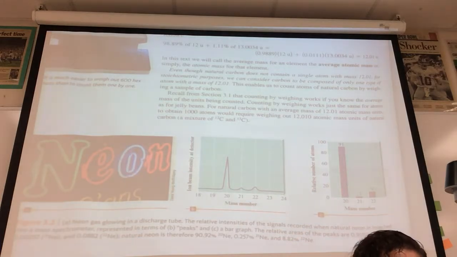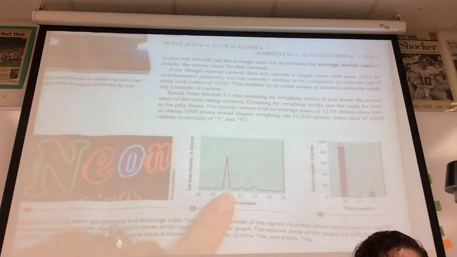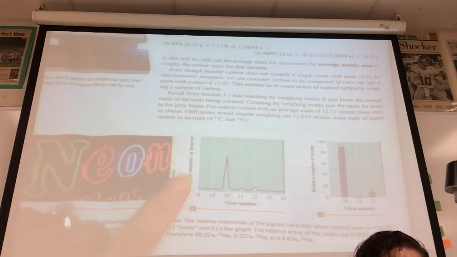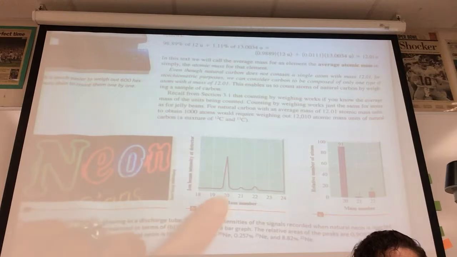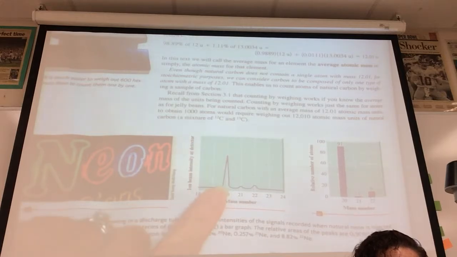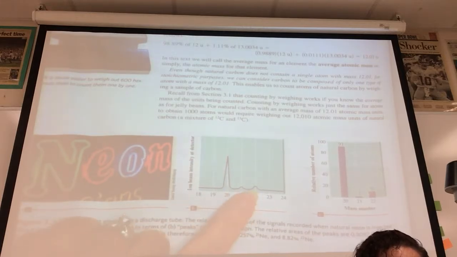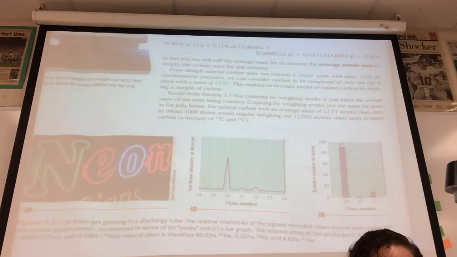So you know neon has a weighted average atomic mass of about 20.18 AMU. And if you consider that here, you'll see that you have the greatest ion beam intensity at the detector with a mass of about 20, but you do have some other isotopes here, just not as abundant, with mass numbers of 21 and 22.